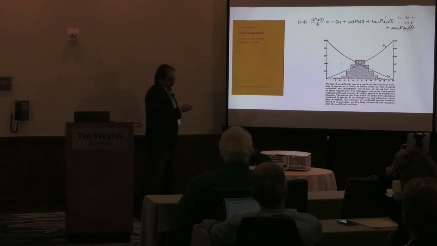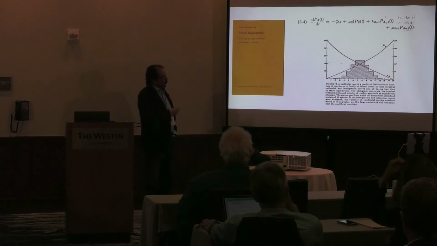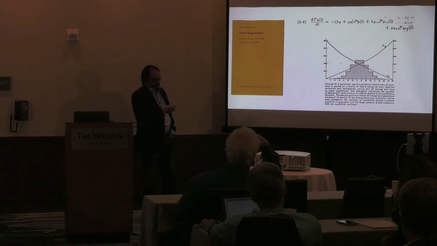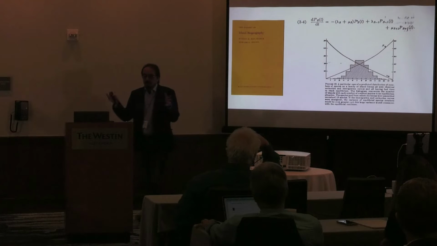Basically it says that what is behind this relationship of how the number of species changes with area is this master equation here, which just gives you how the probability of finding S species in a given community changes through time.